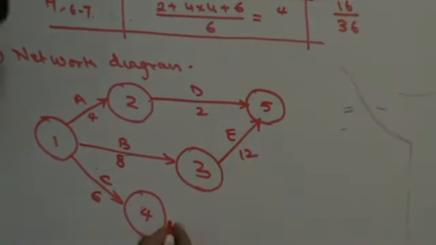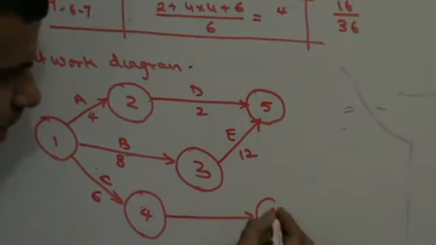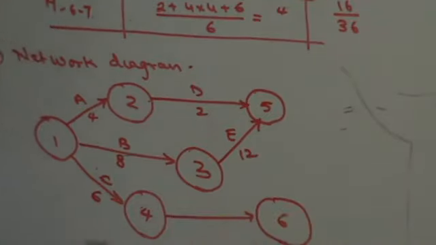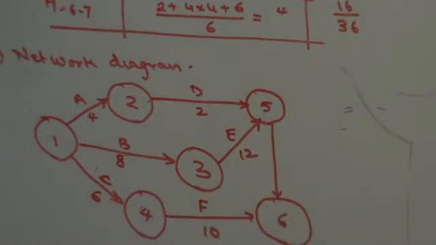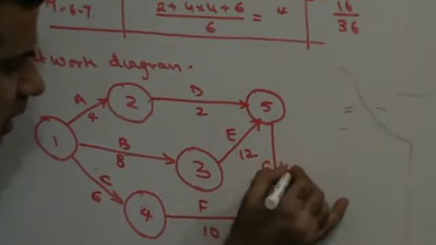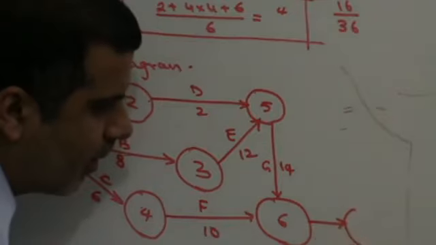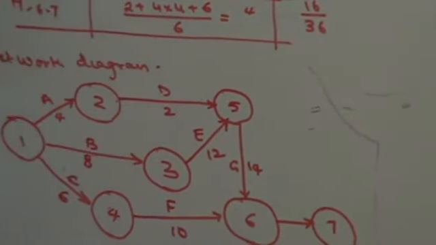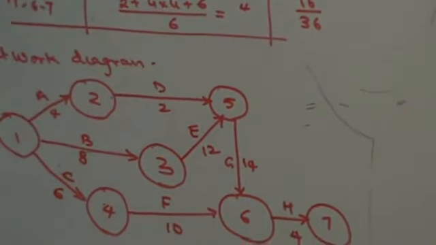From 4 to 6 is activity F, 10 weeks. From 5 to 6 is activity G, which is 14 weeks. And from 6 to 7 is activity H, which is 4 weeks. So that will be my network diagram.